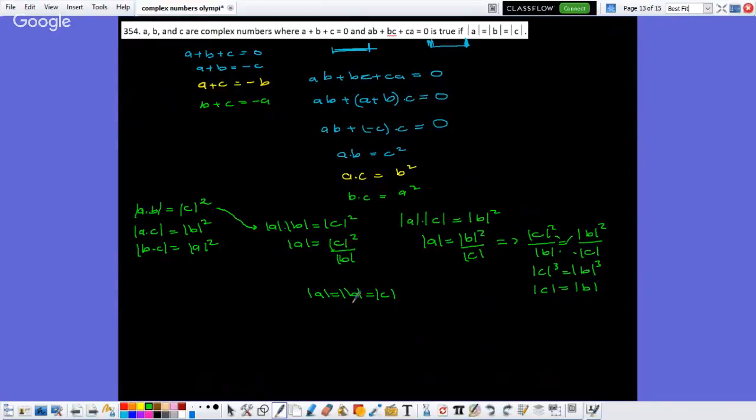Let's say B module is equal to C module, which means C module cube is equal to B module cube, which means you can derive to this side: C module square over B module is equal to B module square over C module, which means A module is equal to B square over C square, which means I'm deriving to the opposite side.